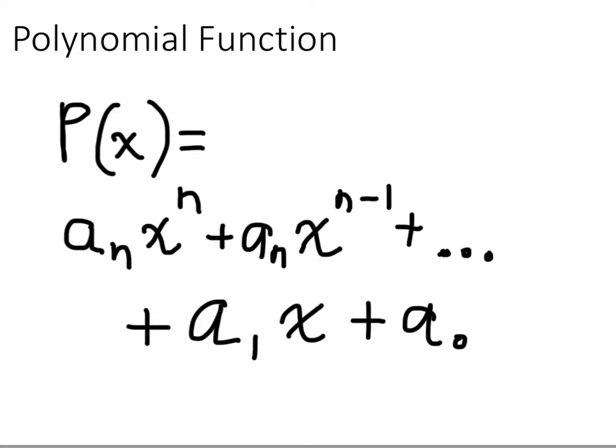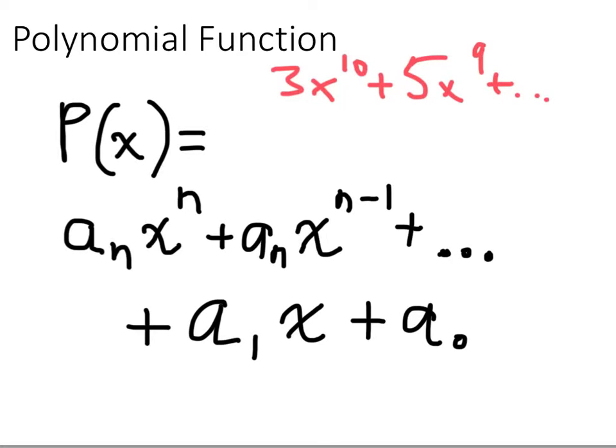So, a polynomial function is a polynomial of the form p of x. They could have used f of x too, but they just decided to use p for polynomial. And now you're looking at all of these letters and subscripts and superscripts and probably freaking out. Don't freak out. Let's just say n was 10 and it was a 10th degree polynomial, or an x to the 10th.